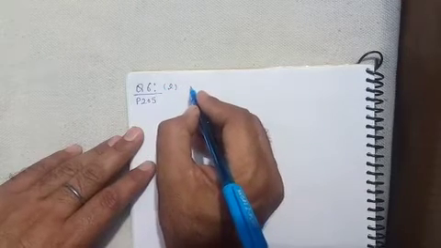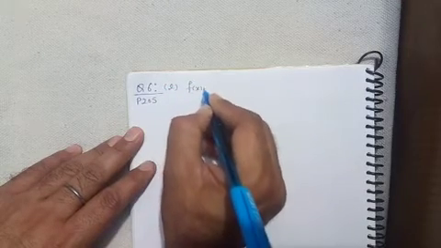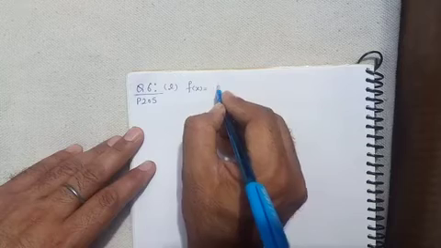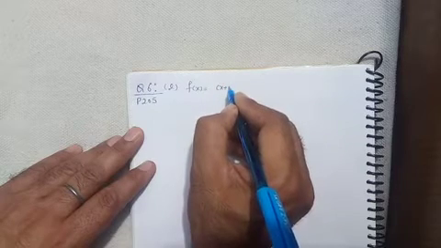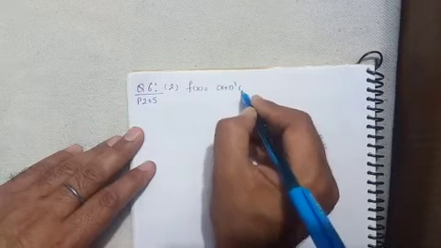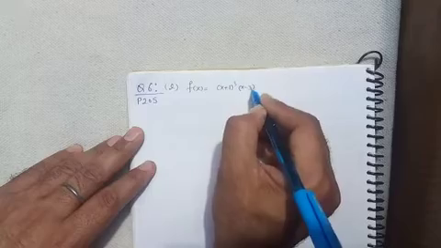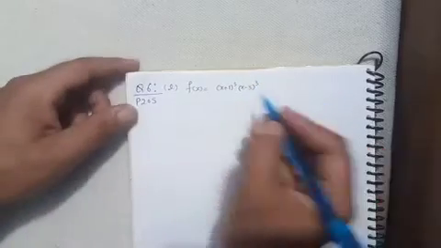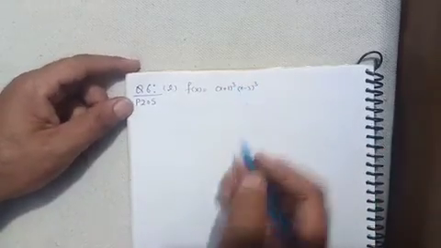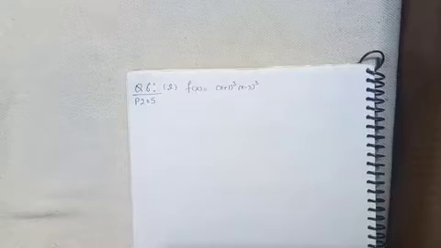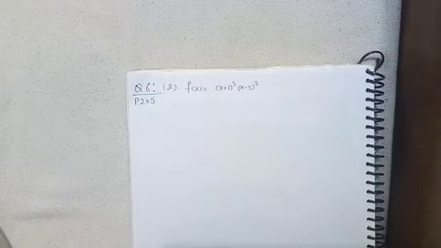Function is given f x equal to x plus 1 whole cube into x minus 3 whole cube. Find out intervals where the function is strictly increasing or strictly decreasing.